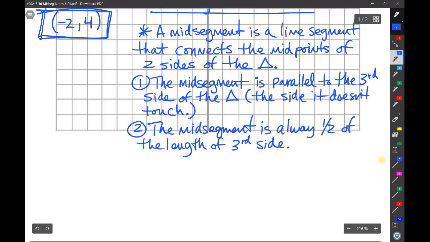So the side that the midsegment is parallel to, not only is it parallel, but it's always exactly half as long. The midsegment is always half the length of the third side.